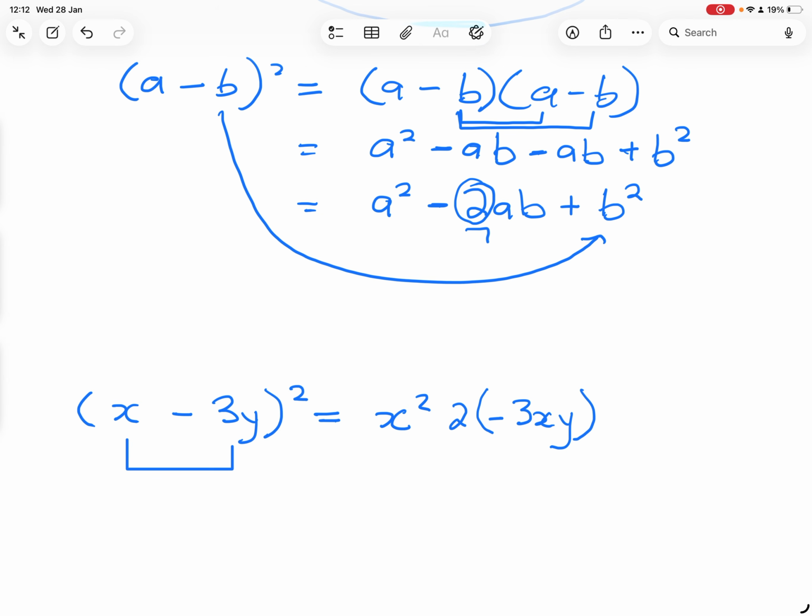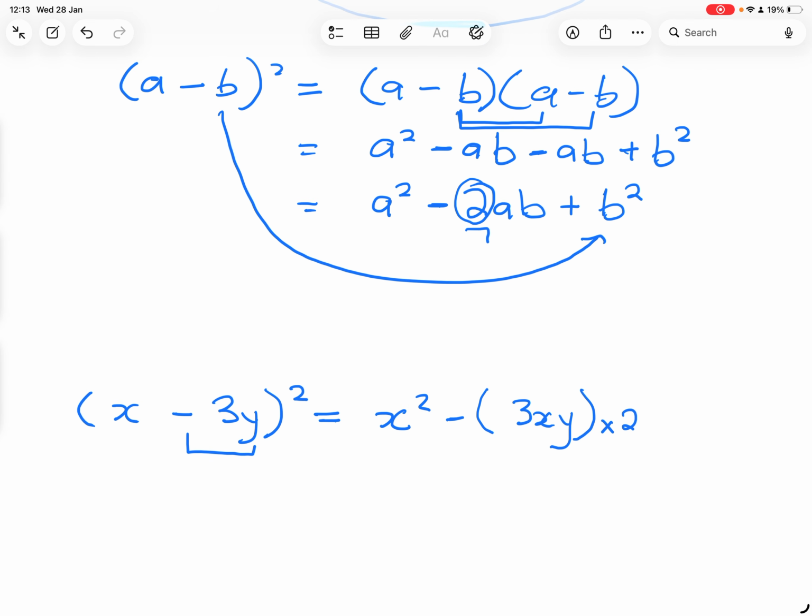So that will give me negative 6xy. And then for the last term, we're going to take negative 3y squared.